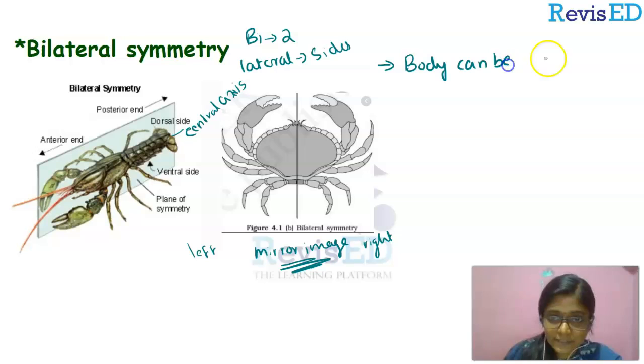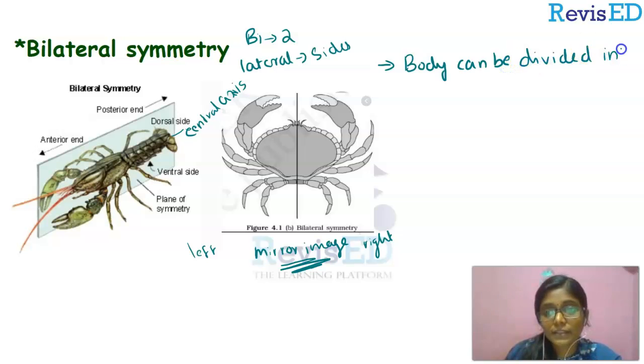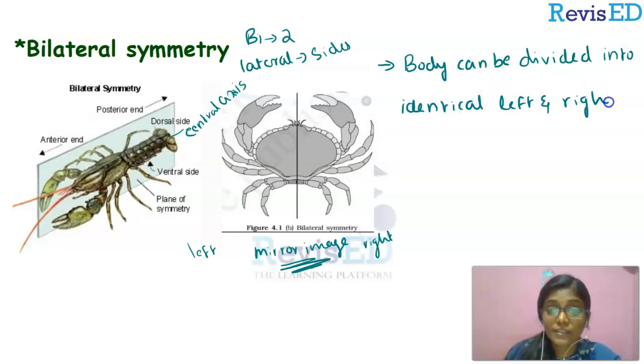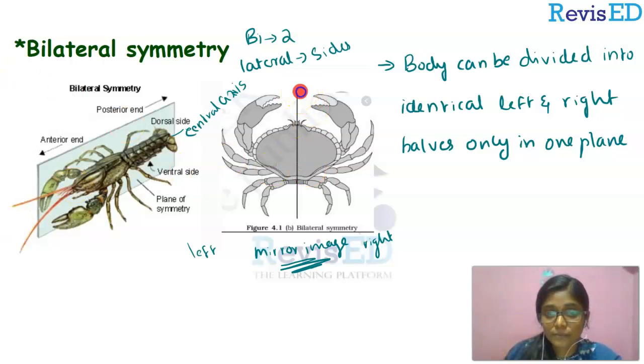So in bilateral symmetry, the body can be divided into 2 equal parts, which are mirror images of each other, and they are identical left and right halves in one plane only. So we should understand this.